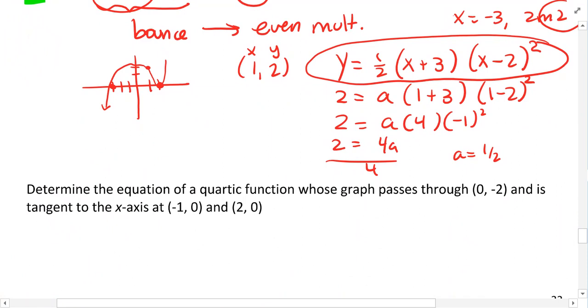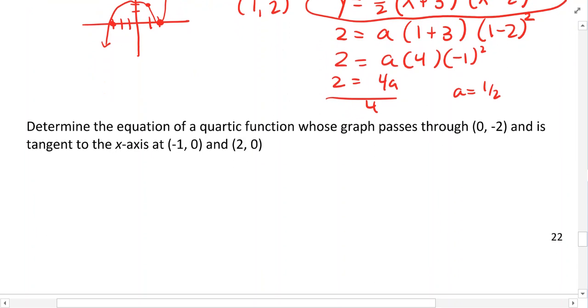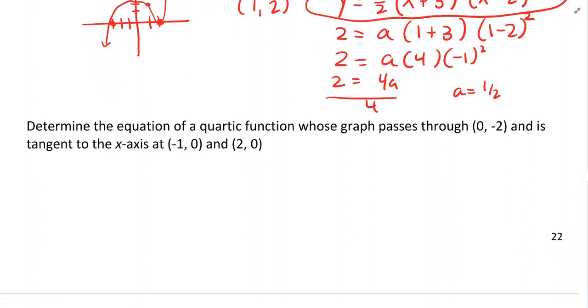Alright. So, tangent to the x-axis of these two, and both to that point.